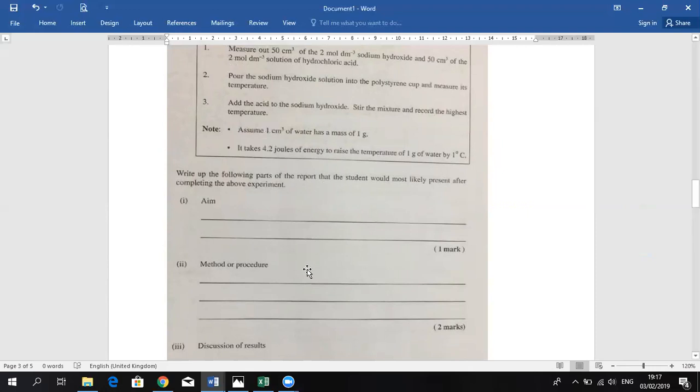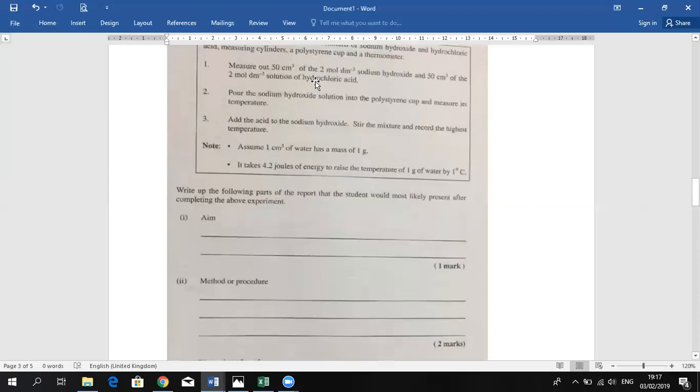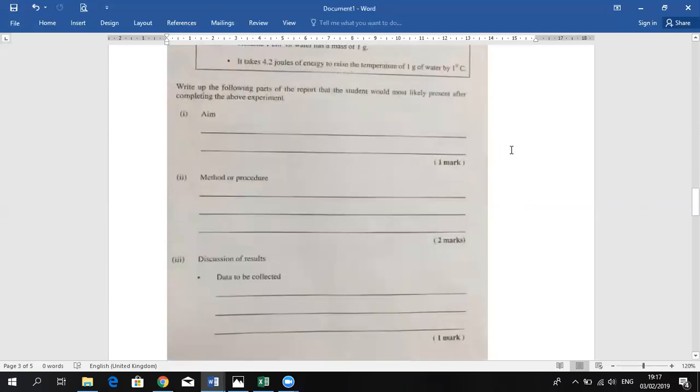For the method of procedure, you could take your time and work that out. You're going to need to measure out the 50 cubic centimeters, then measure the same thing out for the 50 cubic centimeters of 2 molar hydrochloric acid. For these labs, it's better when you see it, so I'll see if I can get a video.